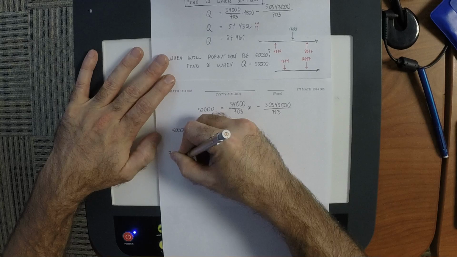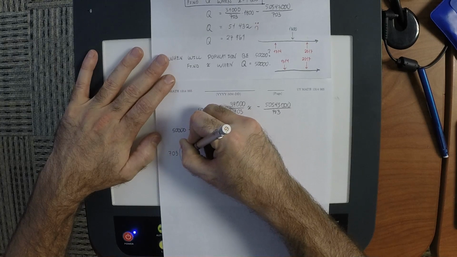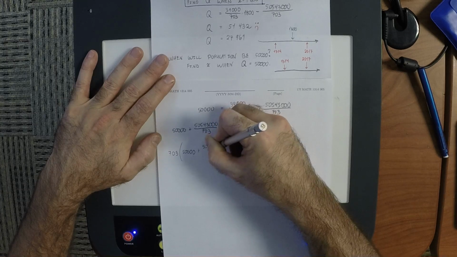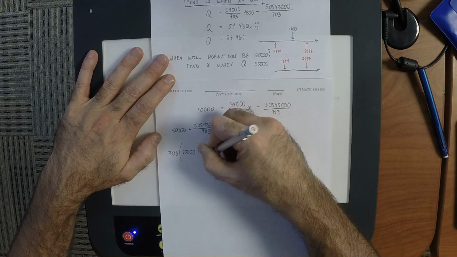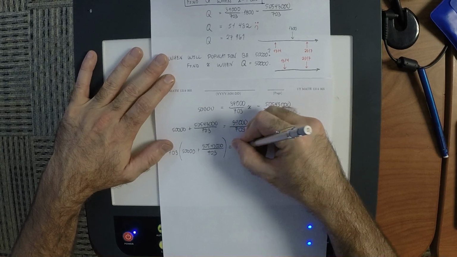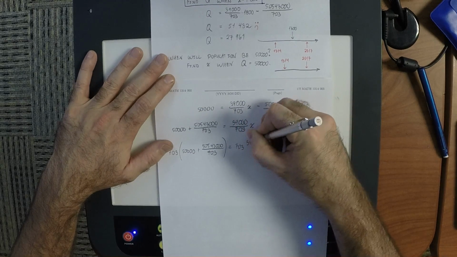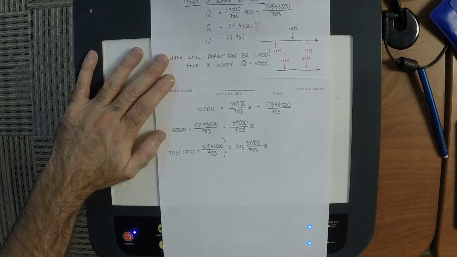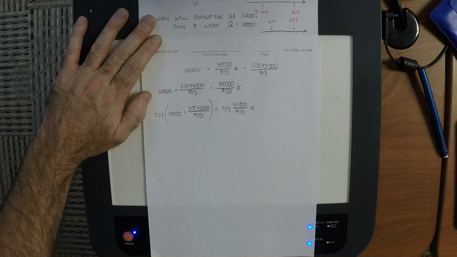So 703 multiplied by 50,000 plus 50543, 3 zeros over 703 is 703 times 39,000 over 703. I'm just writing this for the benefit of folks who are less confident.